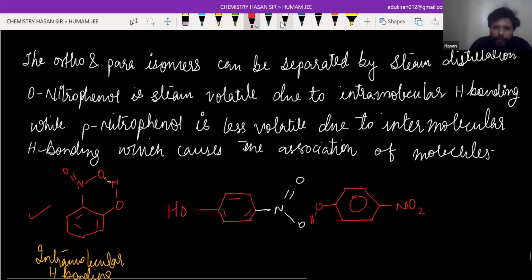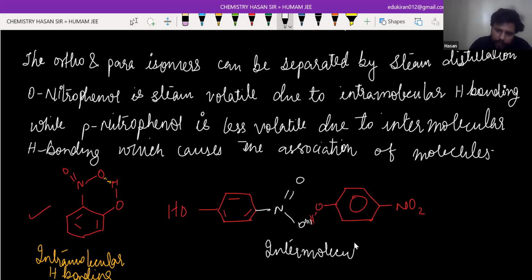So what will happen? You can see this will be going in contact with this. So basically, p-nitrophenol has intermolecular H bond. So very simple it is.